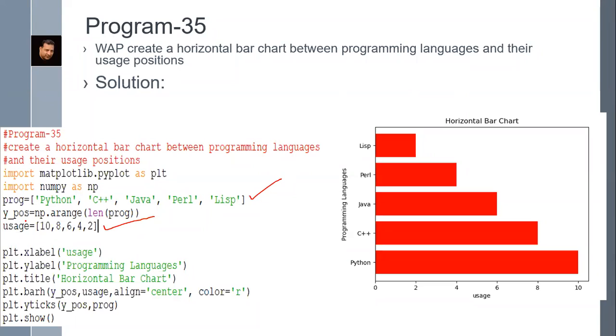For y positions we have taken a range of len(prog). len(prog) means how much length is in prog: 1 2 3 4 5, so here the value is 5. arange 5, you already know what that means. And usage values are 10, 8, 6, 4, 2. Now these are again x label, y label, title.